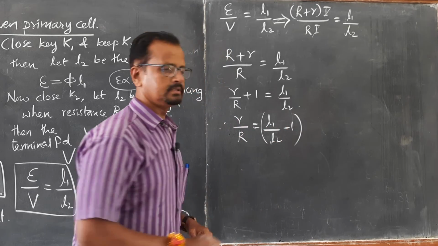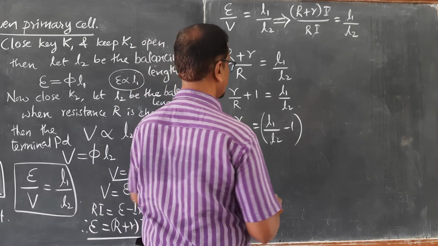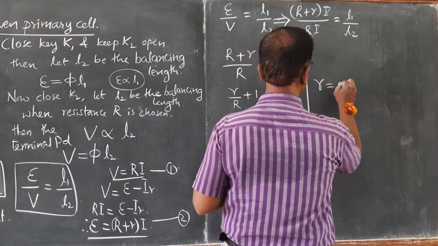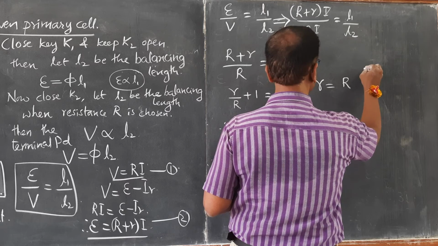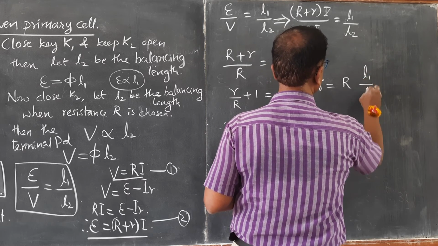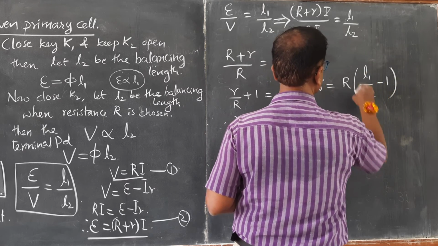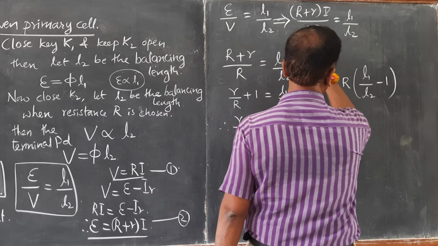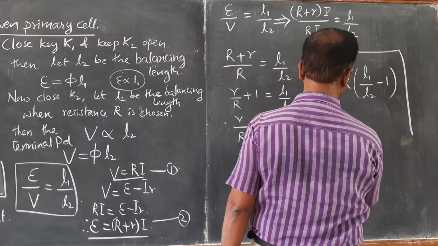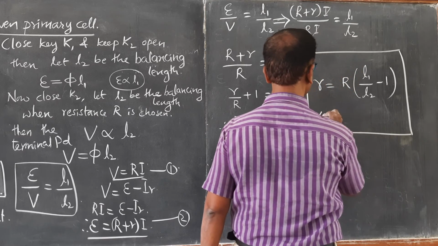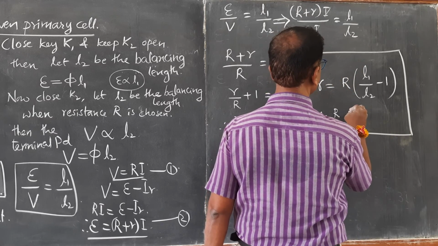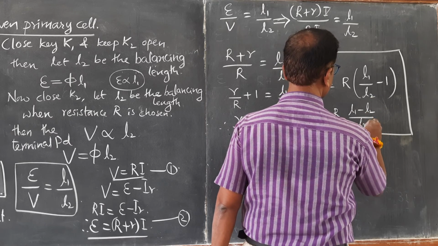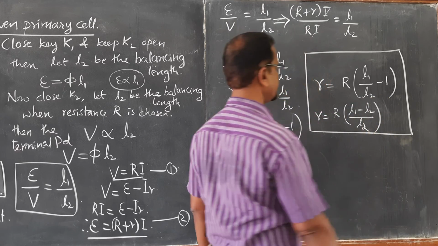So we want the internal resistance. Therefore, internal resistance r is equal to R, capital R, into bracket, L1 by L2 minus 1. So this is how, using this equation, we find out the internal resistance of a cell. You can take it as R into bracket L1 minus L2 by L2.